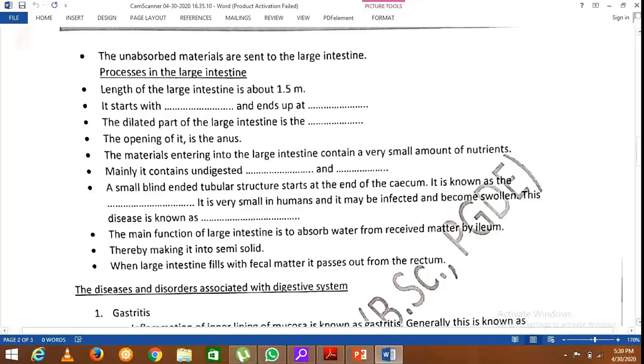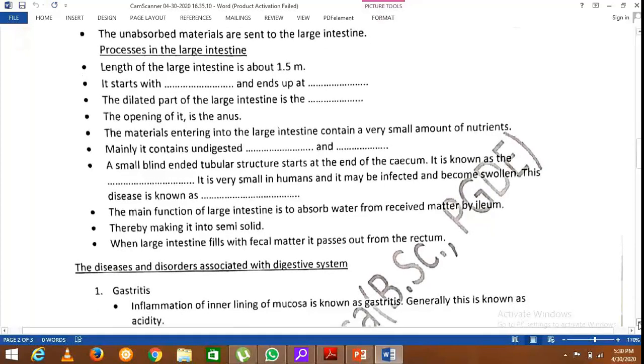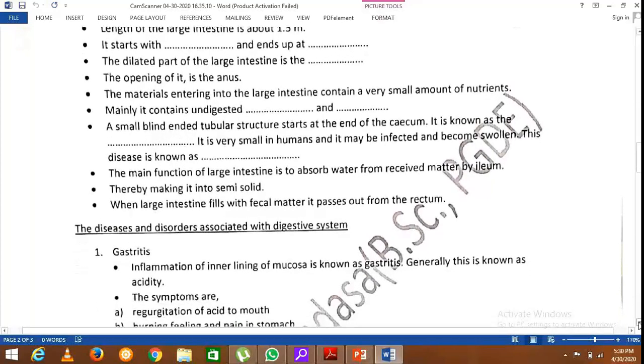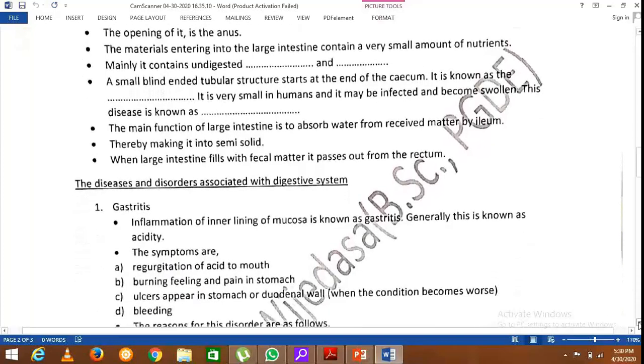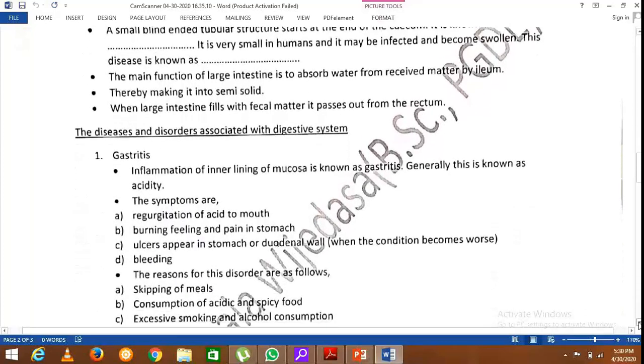That's the functioning of the digestive system. Then the diseases associated with the digestive system as the last part.